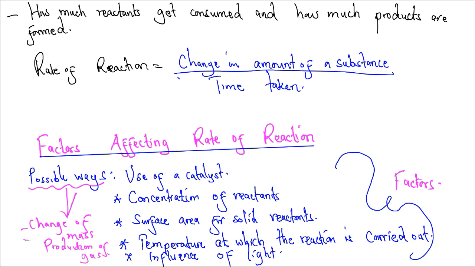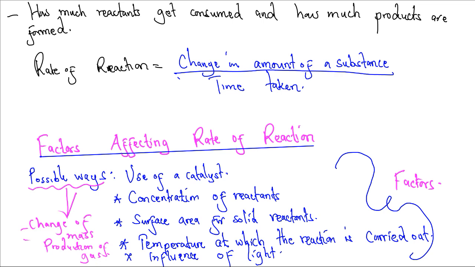When we see a gas being produced, then we are able to use that aspect of gas production to tell that this reaction is faster, because the gas has been produced after a very short time. Well, this reaction is slow because it has taken a lot of time for us to see the bubbles of a gas being produced during the reaction. So those are some of the possible ways that we can use to tell that a given reaction is faster or slow.